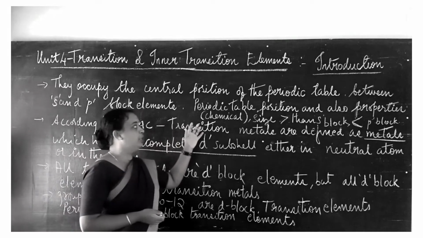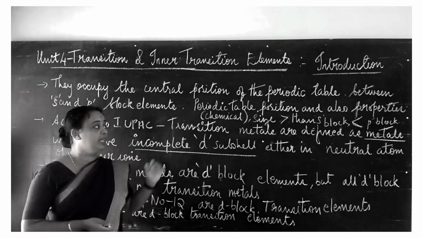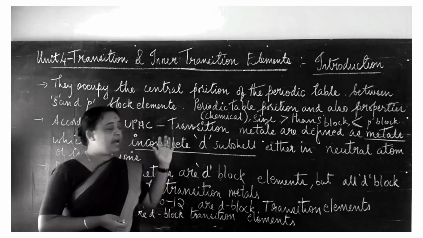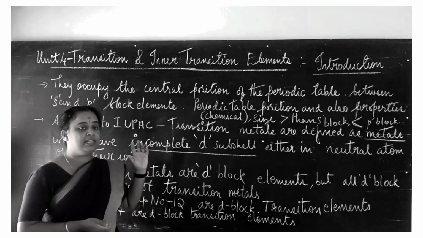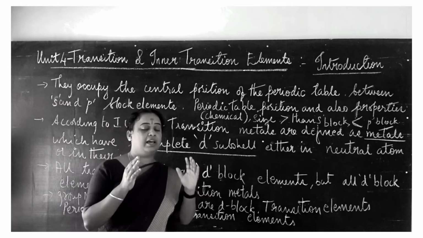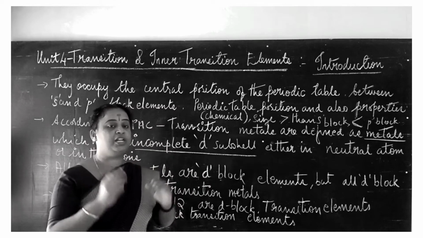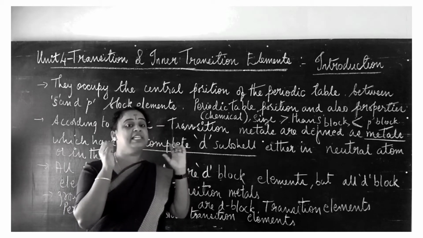Based on the periodic table position, chemical properties and size of the elements, the transition elements have a particular position in the periodic table, that is, the central position.